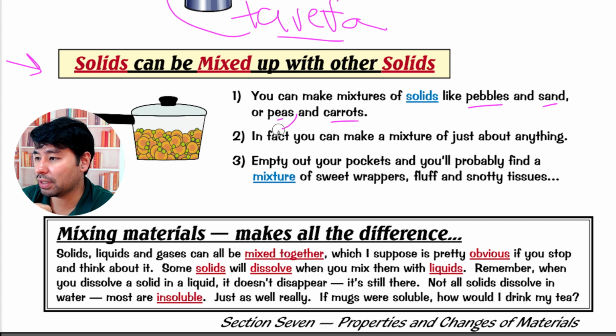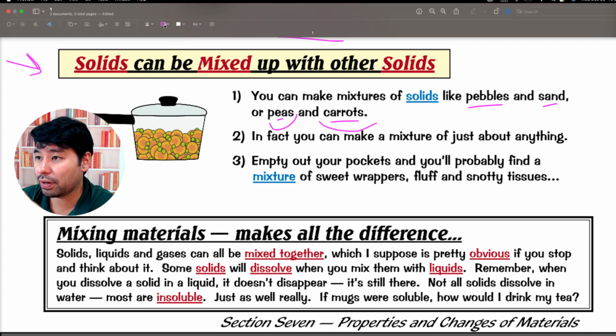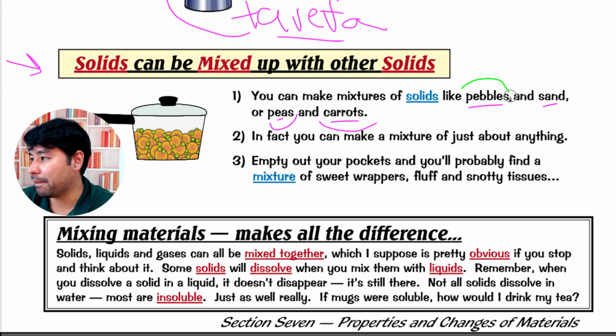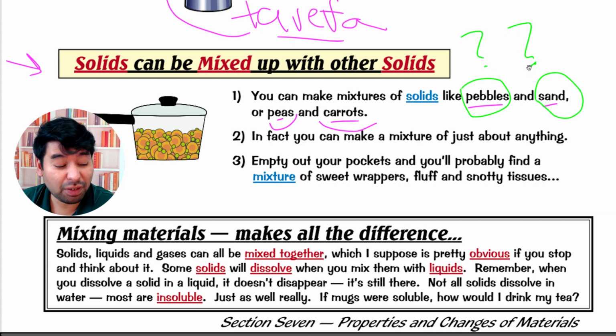I'm gonna give you the translations of peas and carrots, but I'm gonna ask you to find for me, I'm gonna even change the color, I'm gonna use like a light green, of pebbles and sand. I think sand, it's easier, right? So what is that in Portuguese? Get the meaning of that for me in Portuguese, okay? Pebbles and sand, what is that? Send me that on homework, right?